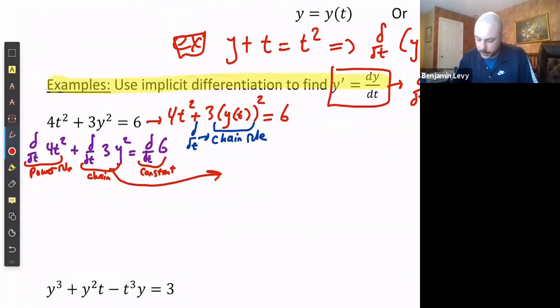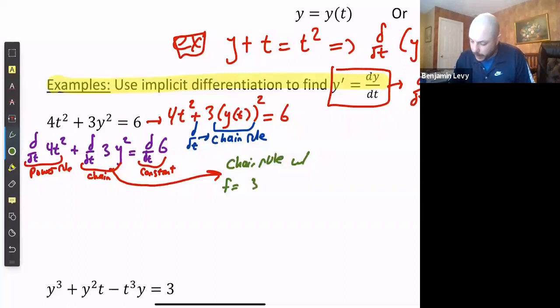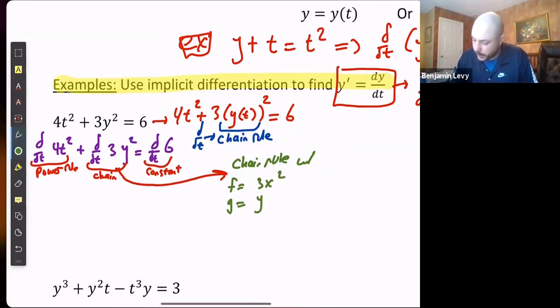I'm going to do the details just one time. So this is a chain rule with the outside function being 3x squared and the inside function being y. And just to be clear, it's y of t.